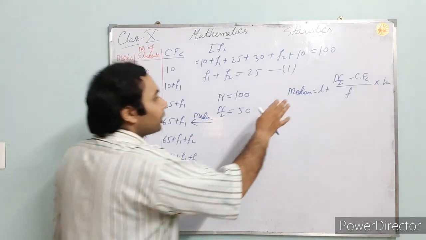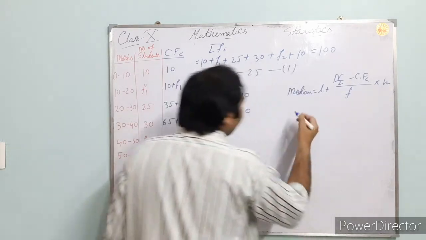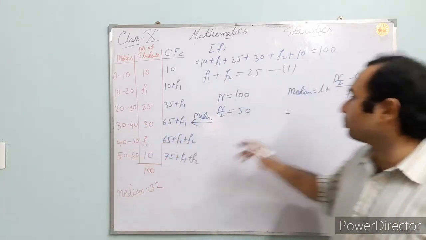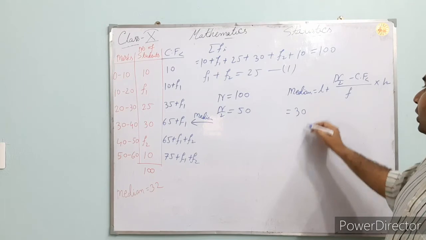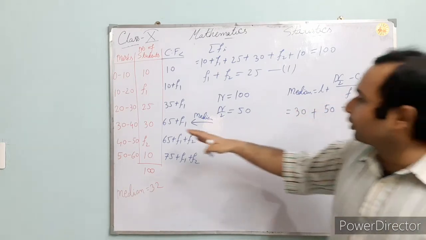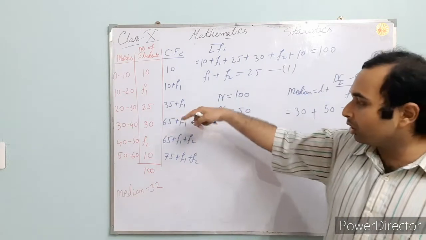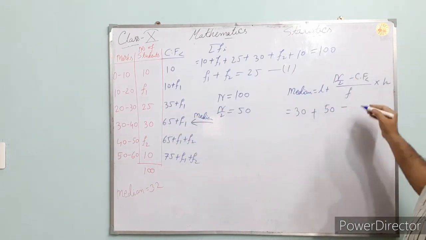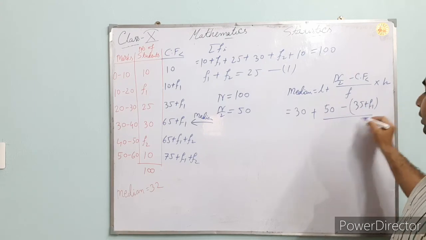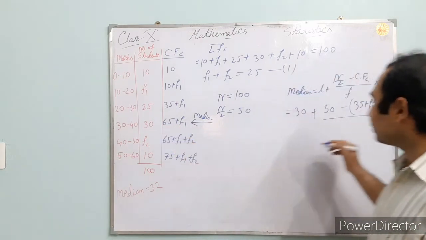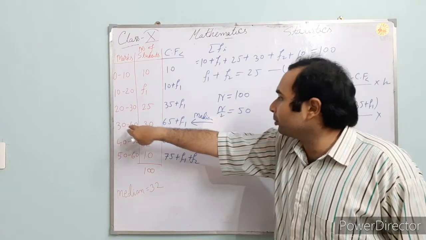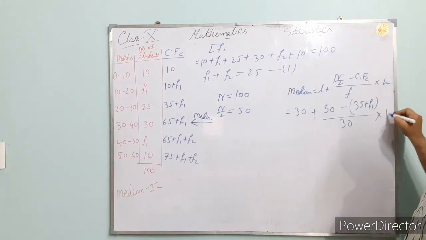Now just see, I have written the formula for median here. L means the lower class boundary of the median class. So it is coming 30 plus n by 2, you know it is 50, minus the cumulative frequency of the class before it, so it is 35 plus f1, by f, which is here 30, the frequency, into h, which is here 40 minus 30, it is coming 10.